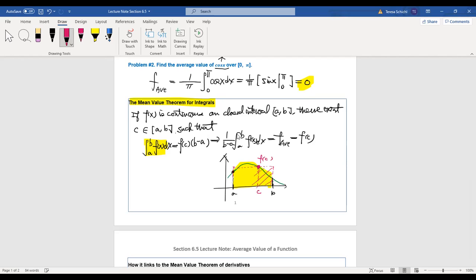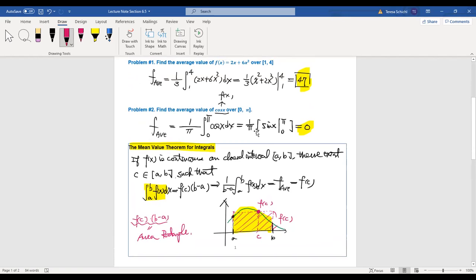Basically, they tell you that you'll be able to find a value f of C. Take a look, f of C is the height of this rectangle. So f of C times b minus a is the area of this rectangle, this pink rectangle. That's what we mean by the mean value theorem of the integrals here.